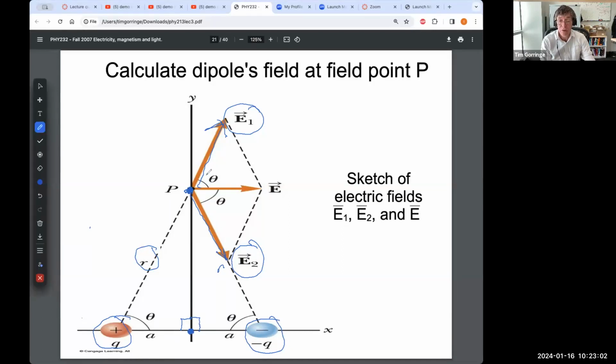So I've drawn the two vectors with the same size. Also, I've drawn them such that the angle of this one above the horizontal axis and the angle of this one below the horizontal axis are equal, and they're equal to these angles here by geometry.